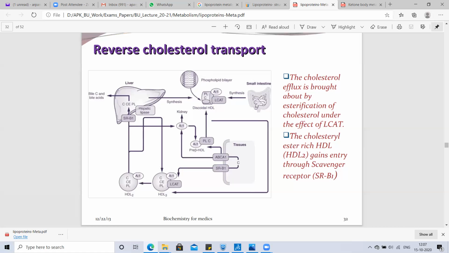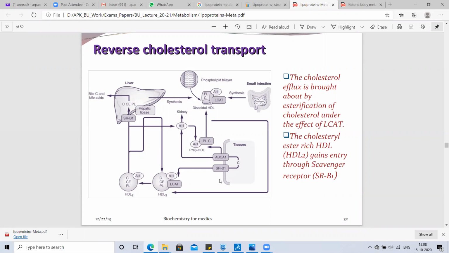And this HDL also comes from the small intestine, and from here it enters into various tissues through the receptors SRB1 and ABCA1, and in the tissue it gets catabolized or moves back to other processes, like it is also moved back to the kidney.